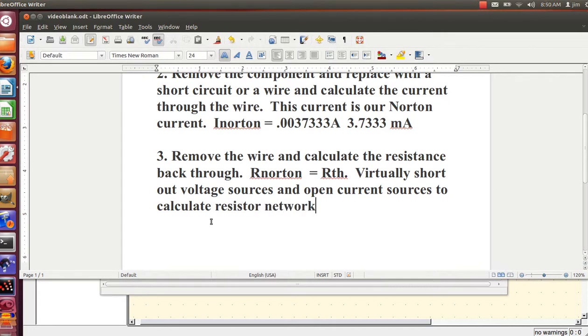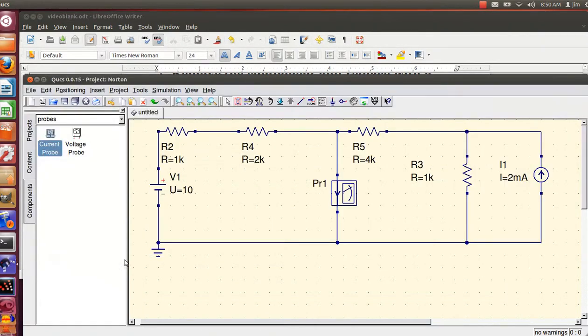So what is that going to look like? Okay, so first thing I'm going to do is take this out. I've got my gap now. I've got to figure the resistance back through the circuit between this point all the way around this way to this point and all the way around this way to this point.